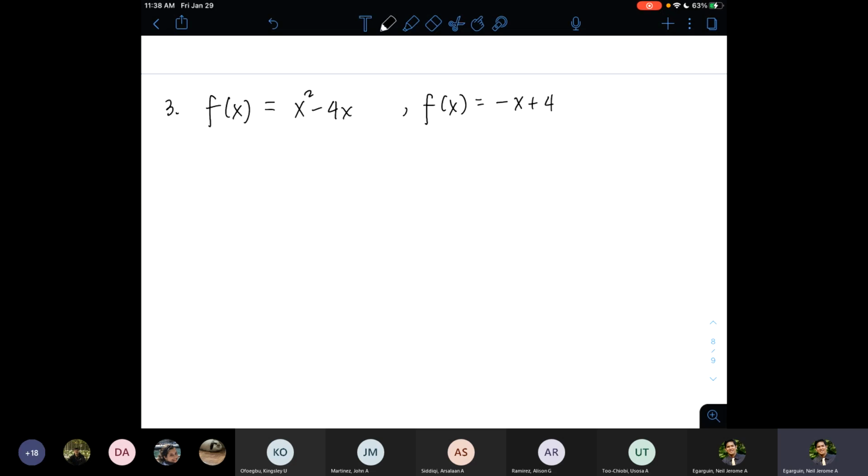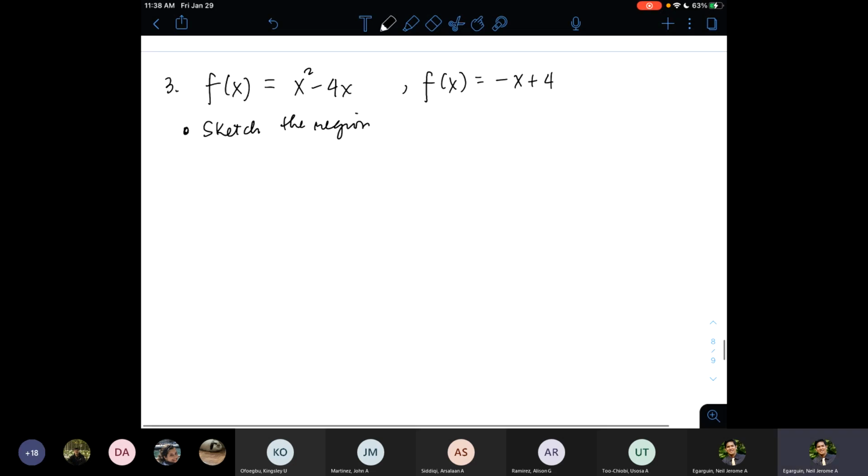All right. Let's start with sketching the region. Okay. Now the first one is a parabola.